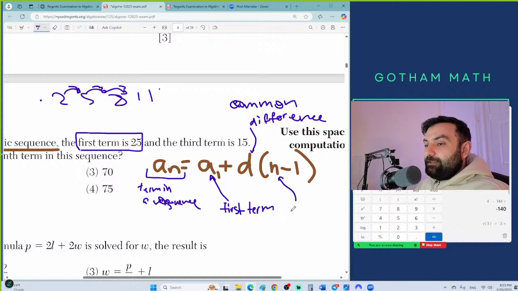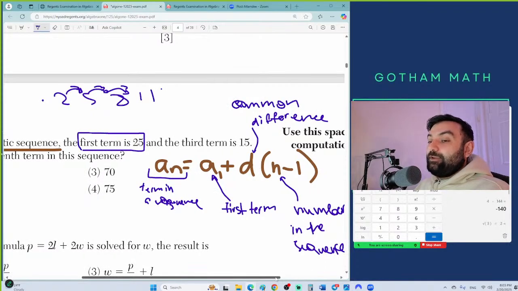And N is the number in the sequence that they want. Like 30th, you put 30. Like 20th, you put 20. And you just fill it in.